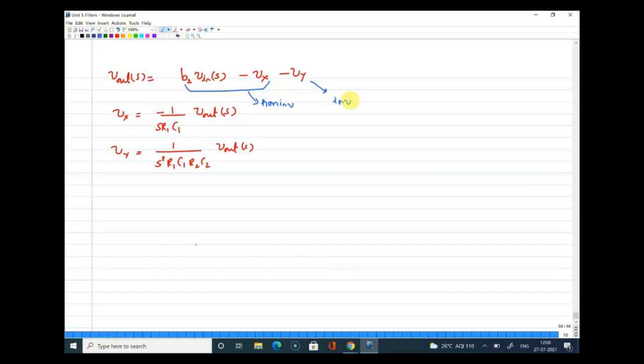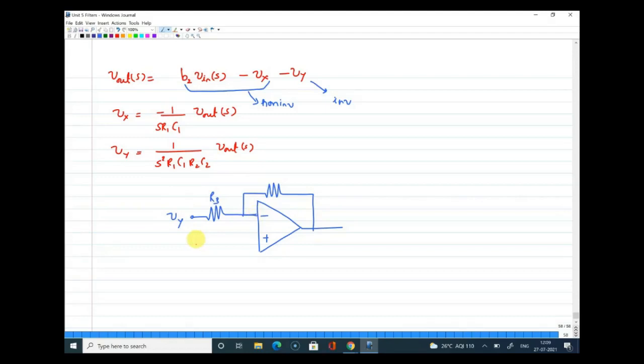So let me draw that summer here first. So I have minus and plus. Now what I need here, say, so I need to add Vy to the non-inverting terminal. So how will I add that? So I need a summer. So basically I can implement a summer using this method. So I will add Vy here. So the resistors already used are R1 and R2. So I'll use R3 here just to connect this Vy.